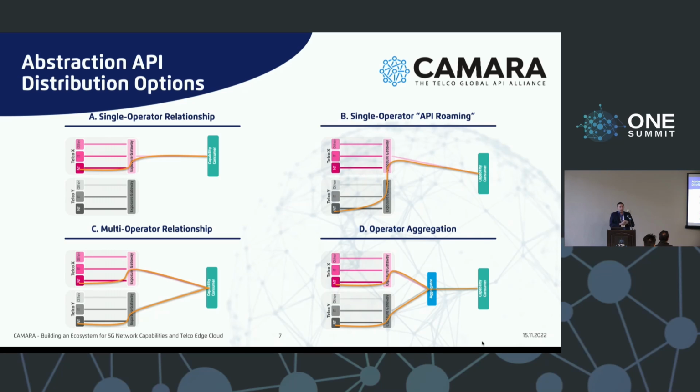They can go to one network, ask for the API, make the call, fantastic, it works. But there's going to be very few people in that scenario, because that is the one network in one country approach. So the other option is to go to B, more of an API roaming type of thing. You make the call to your network, but then you pass it off with a roaming call to a neighbor network.